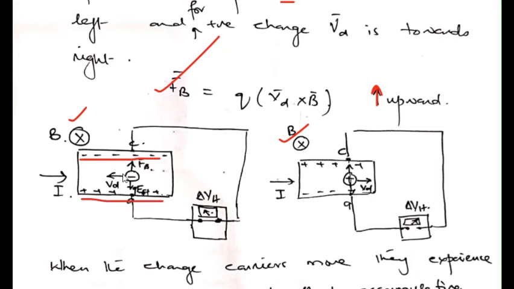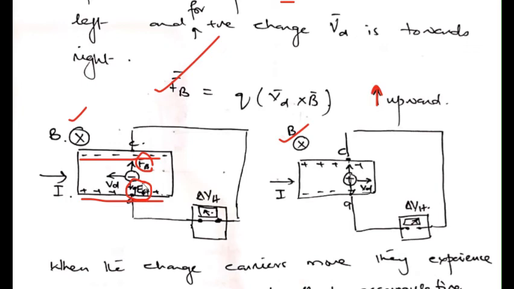This accumulation keeps going until the electric force balances the magnetic force. When the equilibrium is attained, no more negative charge carriers move towards the top of the conductor.